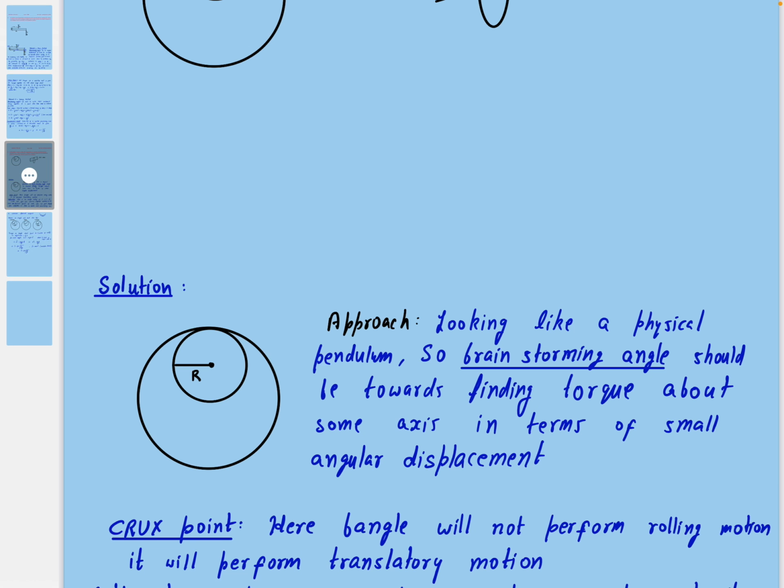Same case is here also. The rod is smooth, which means the bangle will not experience any kind of friction, so no tangential force on it. It means again no torque. Gravitational force passes through the center of mass of the bangle only, so again no torque about its center of mass. So it will only perform translatory motion.